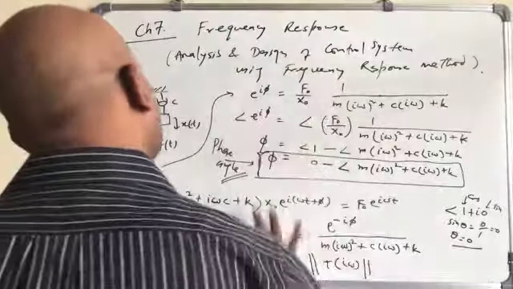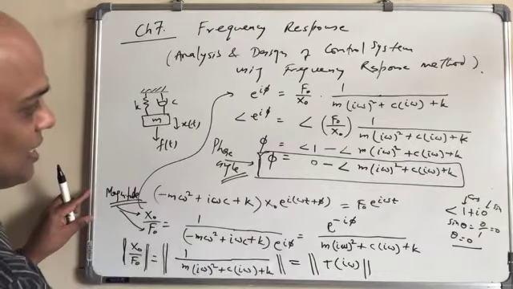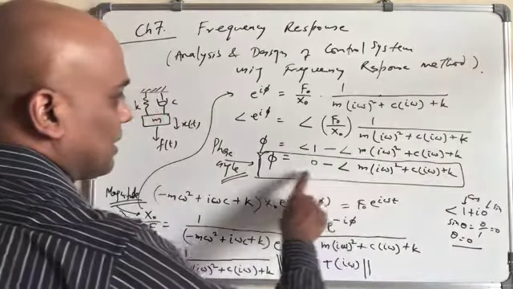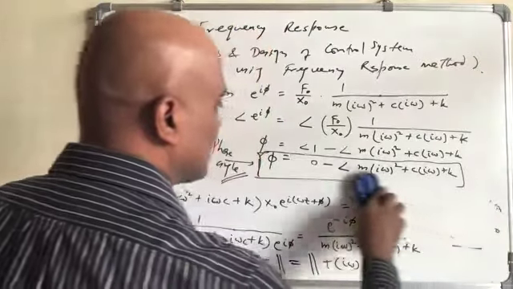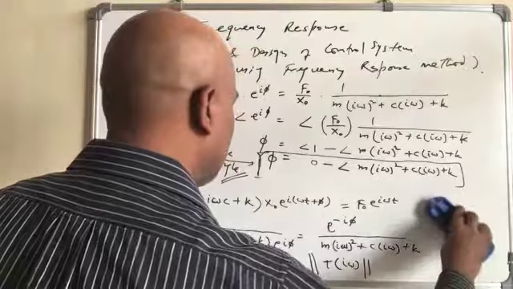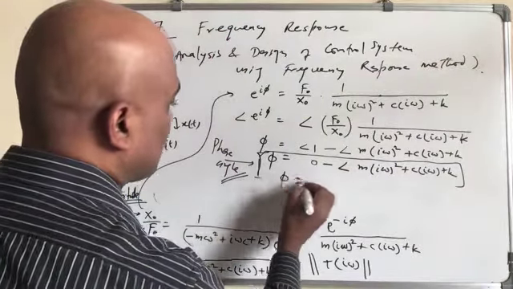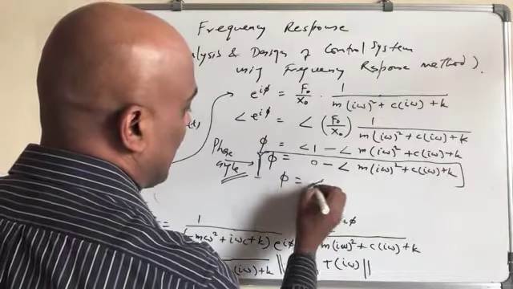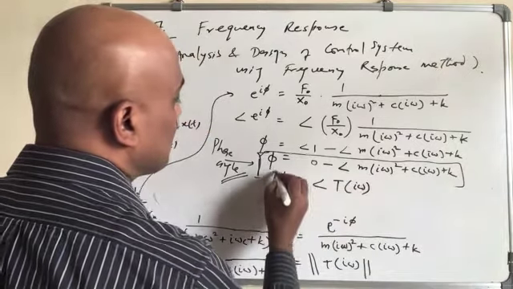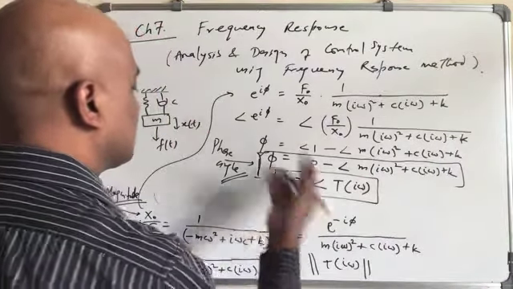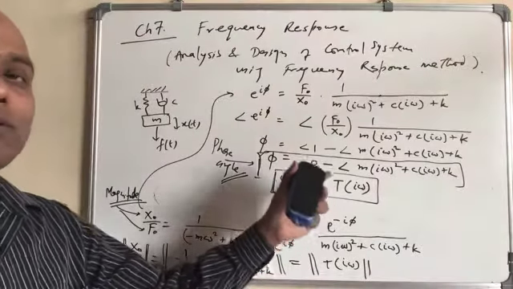Now on, we don't have to repeat. What we have to know simply is what the transfer function is. For example, in this case we can simply write that phi will be equal to, so let's remove this one, phi equal to the angle of the transfer function at I omega. Simply we can just write like this. So phi equals the angle of the transfer function.